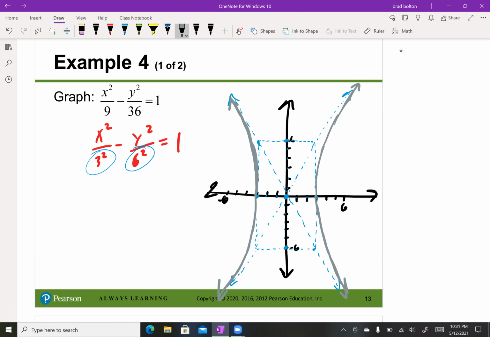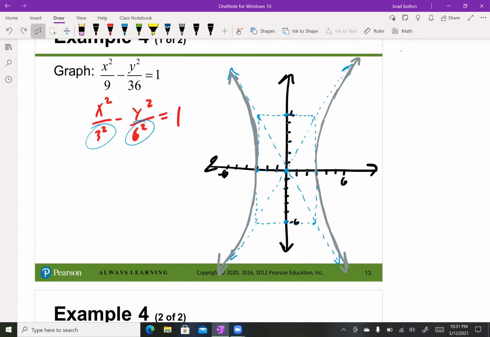So only the gray is the actual graph, okay? The actual graph of a hyperbola is this gray shape right here. This is what a hyperbola looks like. But all of the blue, all of this box, is what we use as a guide on how to draw it. So this is how you can draw a hyperbola. And it's a sideways facing one, or a horizontal hyperbola, because the x came first.